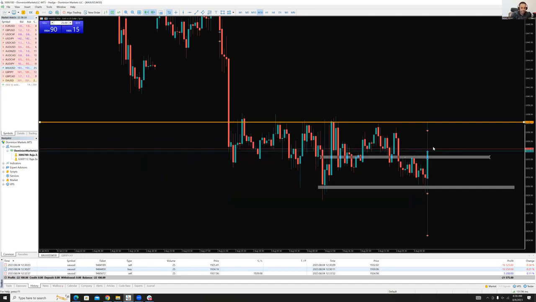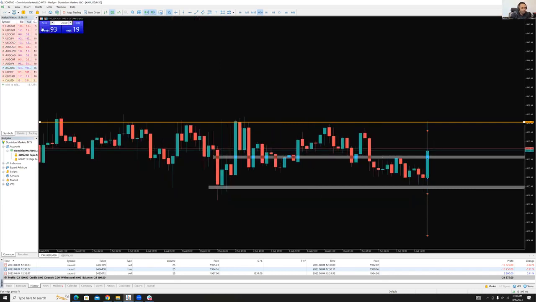See this right here? I think this is just a liquidity grab on the top side for price to continue pushing down. Yeah, I said this is just a liquidity grab.